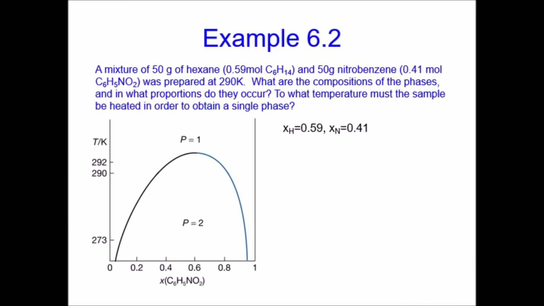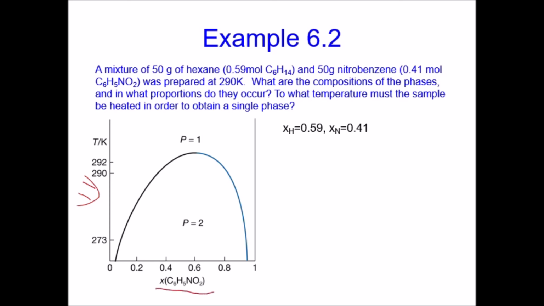Simple question. A mixture of 50 grams of hexane and 50 grams of nitrobenzene was prepared at 290 Kelvin. What are the compositions of the phases, and in what proportion do they occur? To what temperature must the sample be heated in order to obtain a single phase? Here is the phase diagram, and the mole fraction is about nitrobenzene.